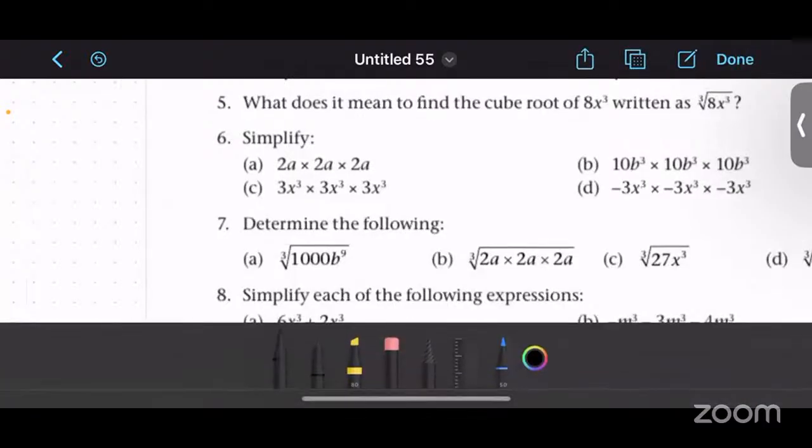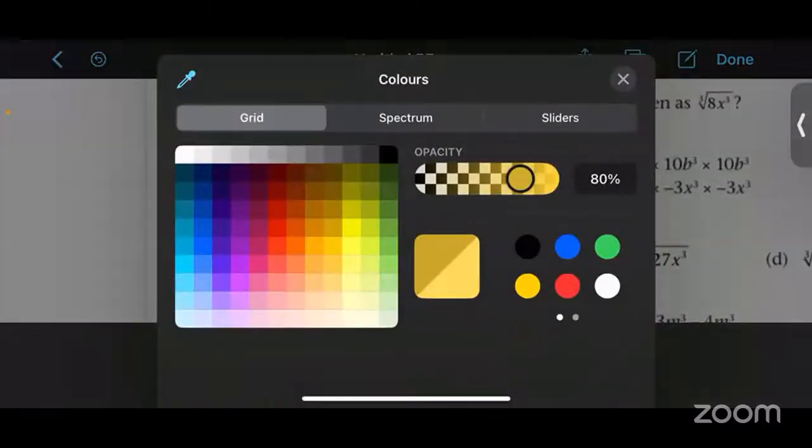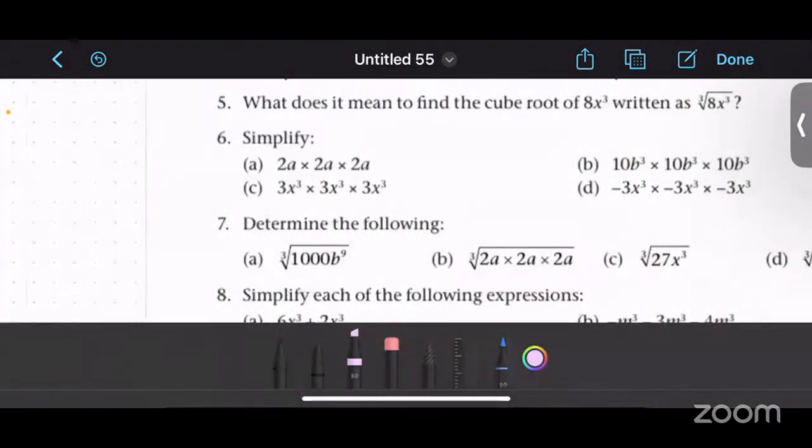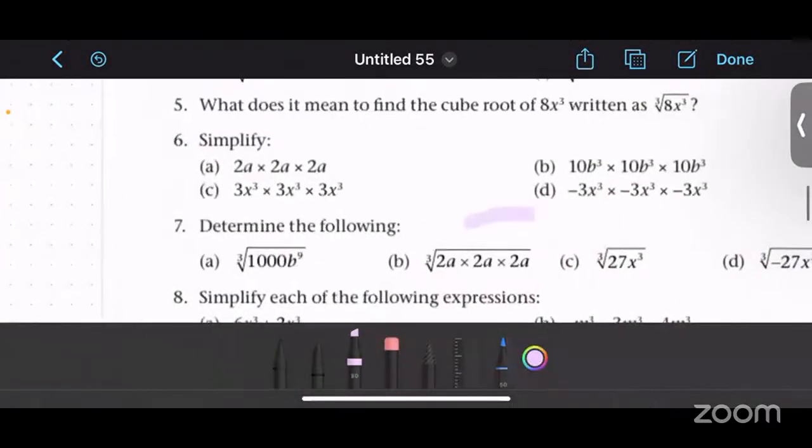Ma'am, do you say in 10 we must do cube root of 10,000 B? Our number 5. You see number 5 over here. These are 6, right? So we are still here. They say, what does it mean to find the cube root of 8x to the power of 3, written as? What I'm highlighting is the same thing.